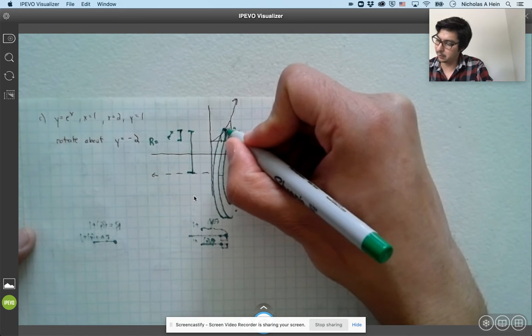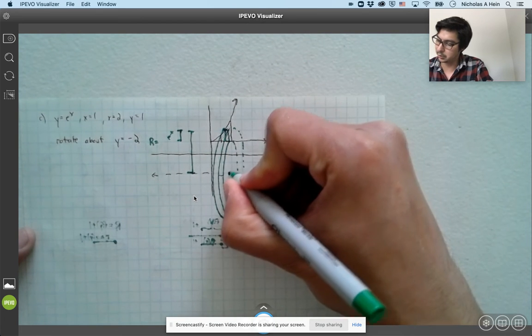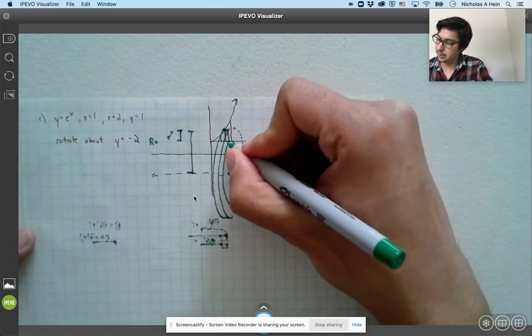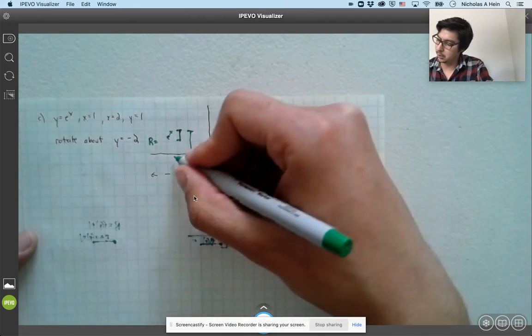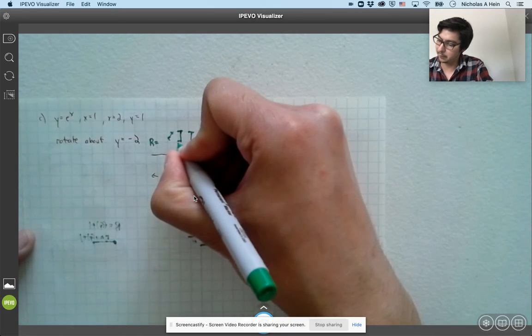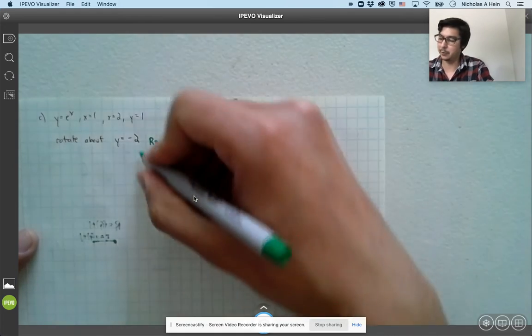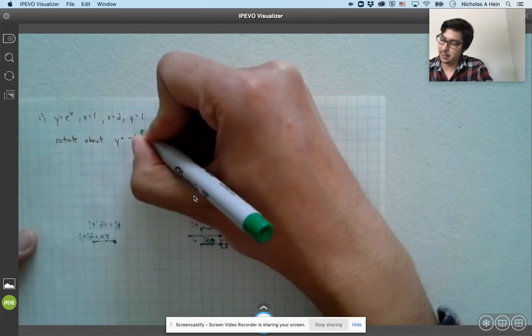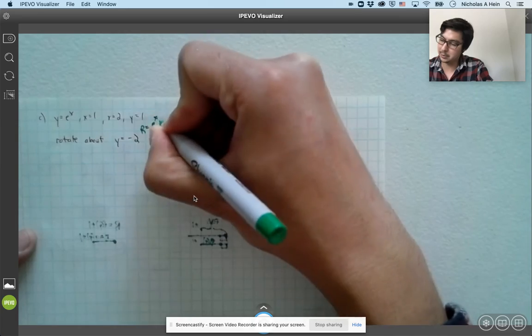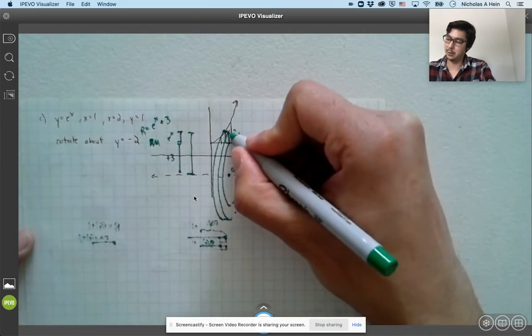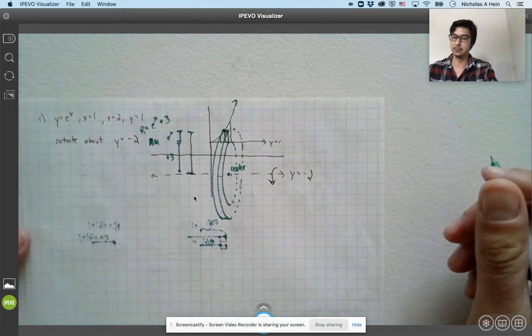Well, from the outer curve all the way down to here, which is your line of rotation, we still have to account for 1 and another 2. So we have to account for another plus 3. So your outer radius is going to be e to the x plus 3 to account for the distance from out here all the way down to negative 2.